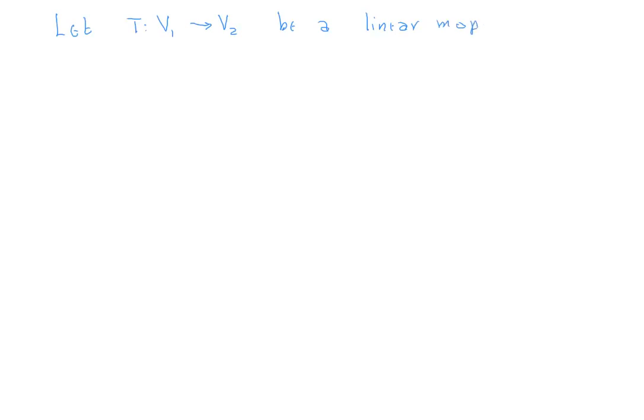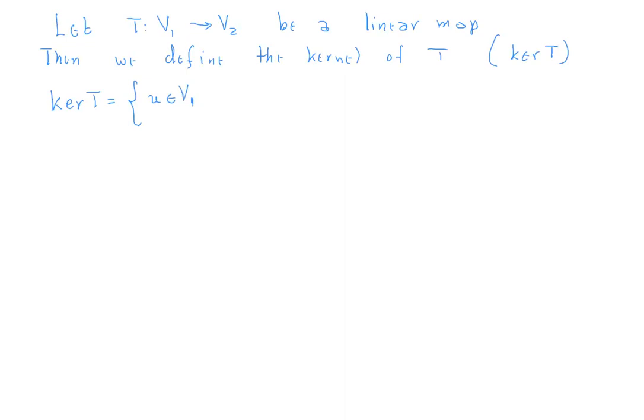Then we define the kernel of T, which we're going to denote by ker T, as all U's in V1, so all U's in the domain of definition, whose image is the zero vector. Okay, so that's the kernel.